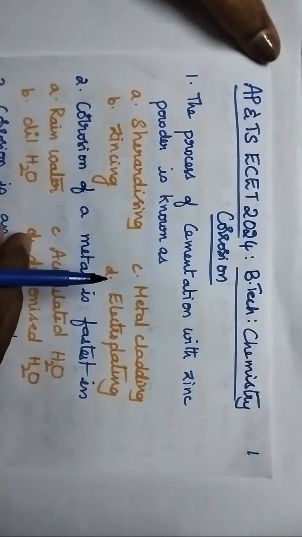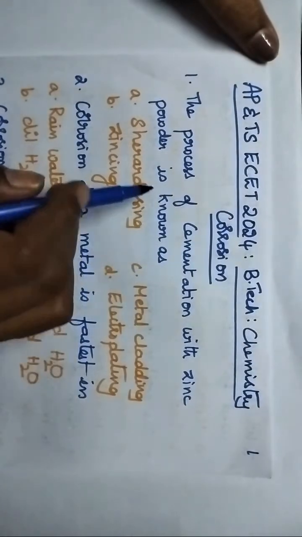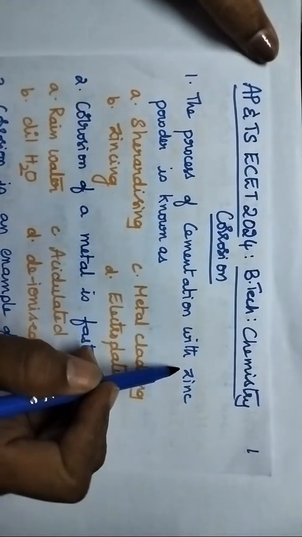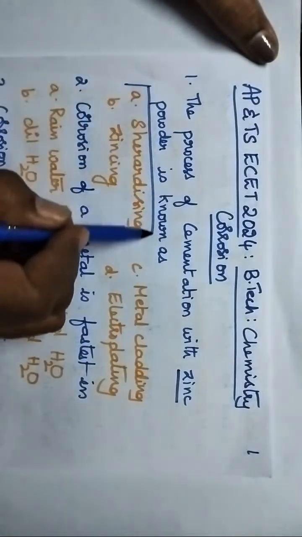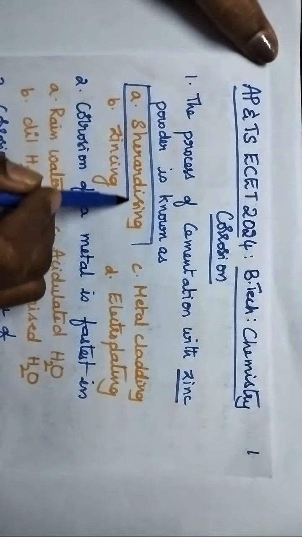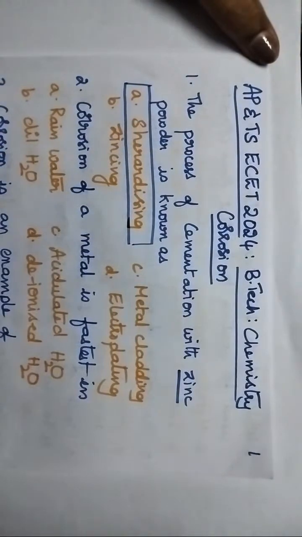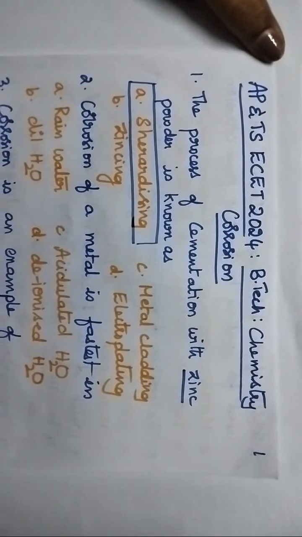So, the process of cementation with zinc powder is nothing but shreddizing. So, option A is the right answer. Clear? Very good, Sriram.